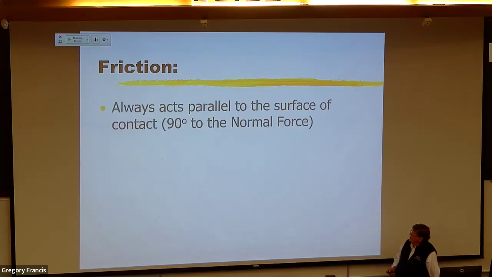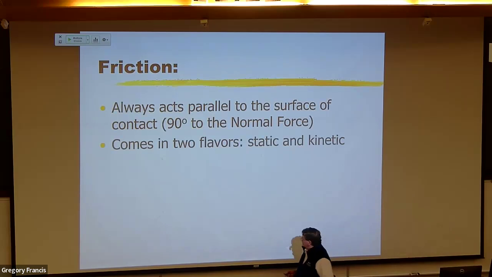It turns out that friction always acts parallel to the surface of contact, the surface between the pusher and the pushee, always 90 degrees to the normal force. And it comes in two flavors, static and kinetic, or as I like to call them, difficult and easy. Static friction is one of the hardest, most confusing of the forces.